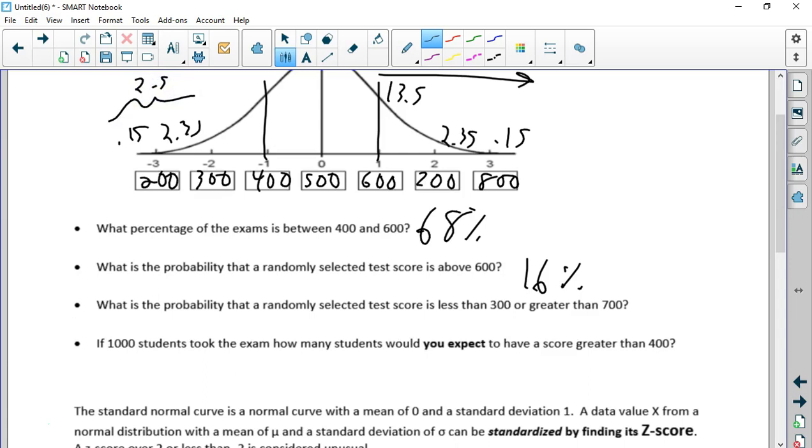So you have a 2.5% chance to be less than 300. Greater than 700, well, that's right here again, another 2.5%. So that's a 5% chance to be one or the other, less than 300 or greater than 700.